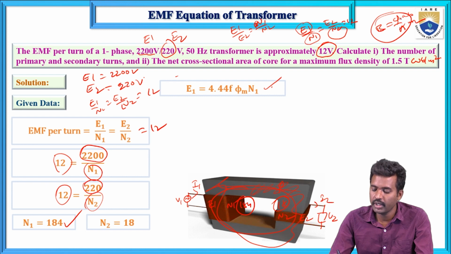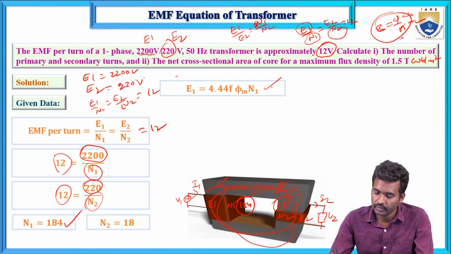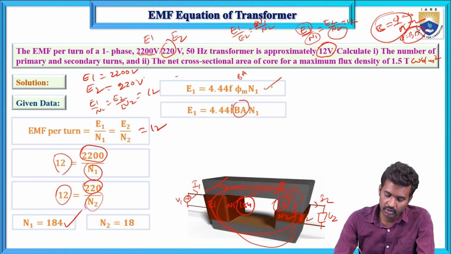Now here B is in Weber per meter square. Here you can write flux equals B into A.